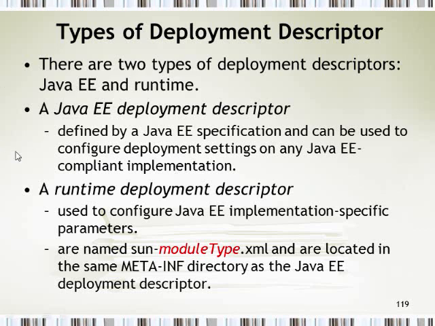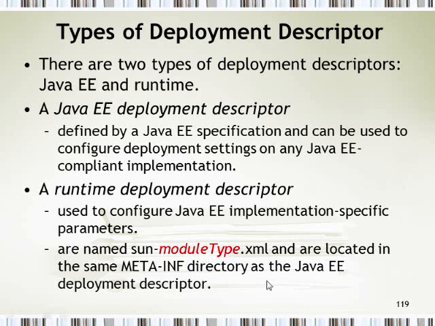Whereas these runtime descriptors are specific to the server in which you are running. Suppose I place my component in the Tomcat server, then I have to change this runtime descriptor. If it is GlassFish, it is a different descriptor. If it is something else, like WebSphere, then I have to change it again.